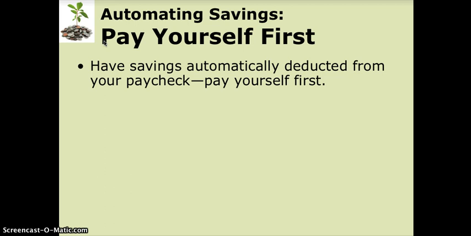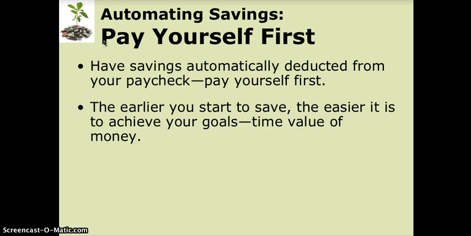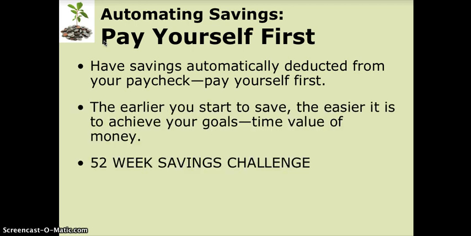And then another way is if you do have the ability at a job to have money automatically deducted from your paycheck and put into some sort of savings account, that would be good. Or if you have a savings account in a bank, to automatically have a certain dollar amount, even if it's $1 a month, taken out of your checking account and put into the savings account. There's many, many different ways that you can do that, but we'll talk about the 52-week savings challenge in a moment.